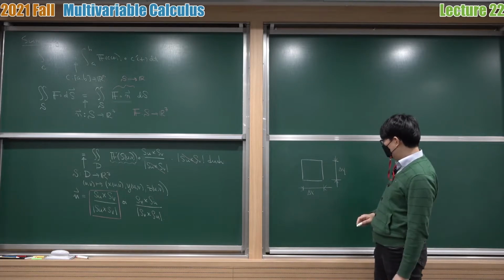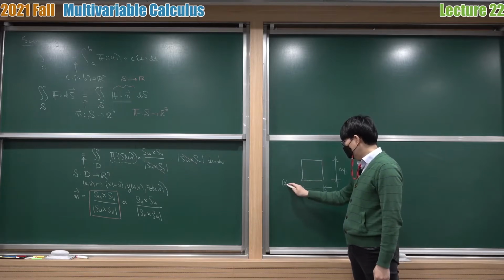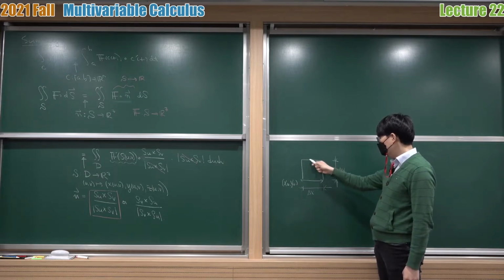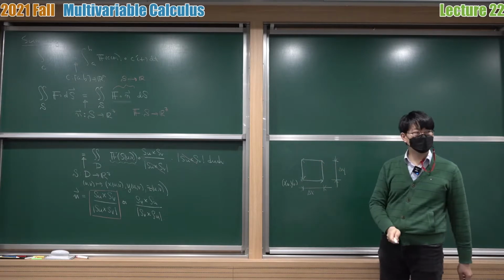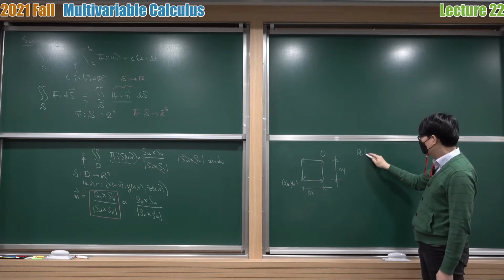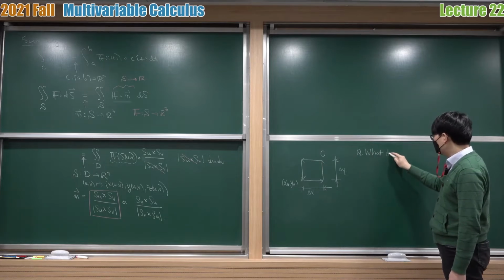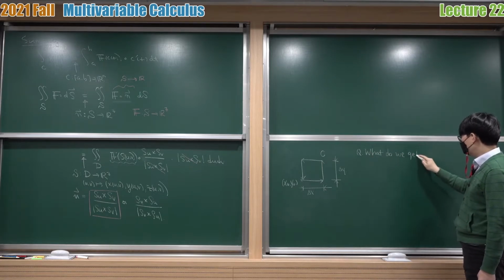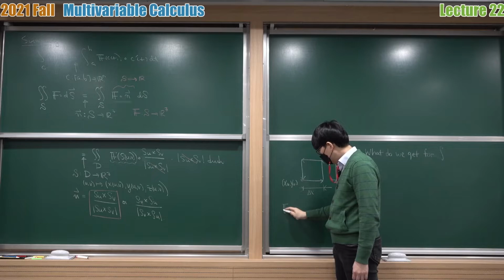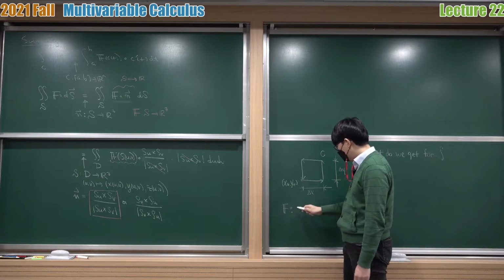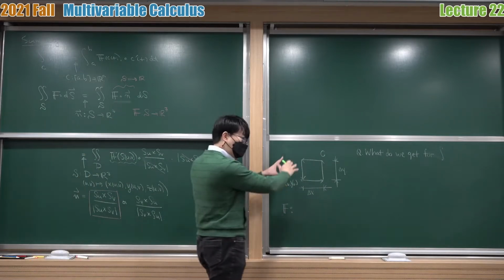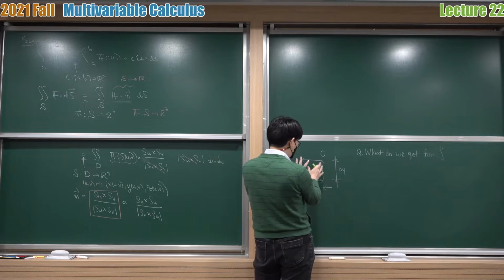And let's say my starting point is here. So I'm going to call this x0, y0. And my path is in the counterclockwise direction. So this is our C. So the question is, what do we get for, so again, my vector field is defined on some two-dimensional domain that contains this entire curve, which includes the inside of the curve.